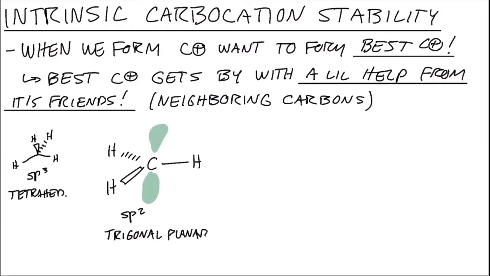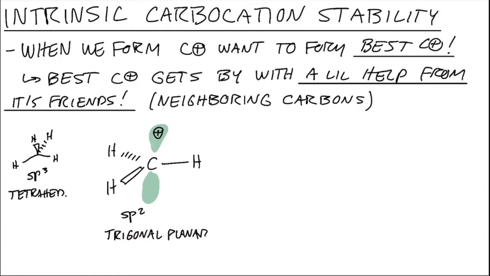The way I like to think about this is that the positive charge is sitting inside of that p orbital. It's not exactly the case, but that'll work for our assumptions for this class. You can think about that p orbital being empty or that it's holding on to a positive charge, whatever makes the most sense to your brain, right?